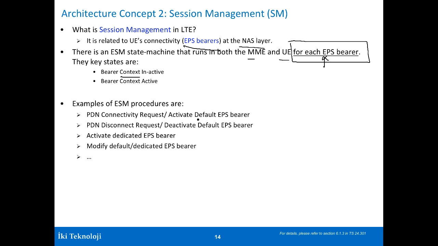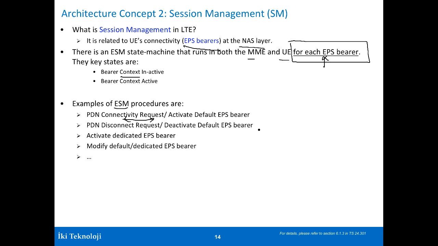So some of the procedures for ESM are PDN connectivity requests. That means please connect me to the internet, or another message for that is also called activate default EPS bearer.